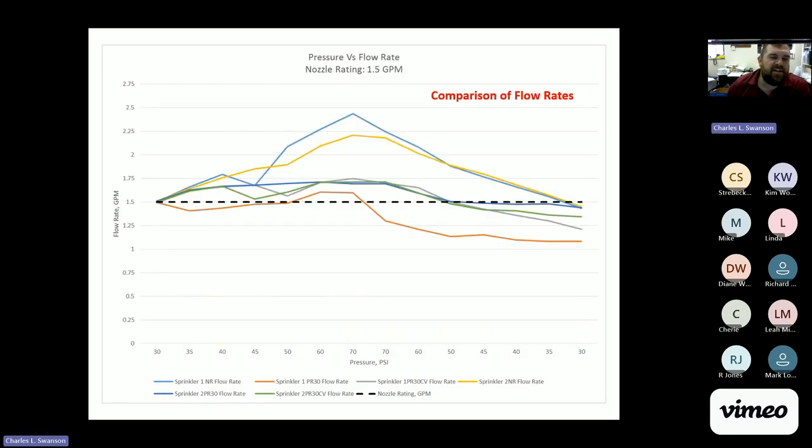So why do we concern ourselves about this pressure? Well, as pressure increases, so does the flow rate. You're pushing more water through that sprinkler. And so we can observe that as you put too much pressure through that nozzle, you're going to increase your water usage.